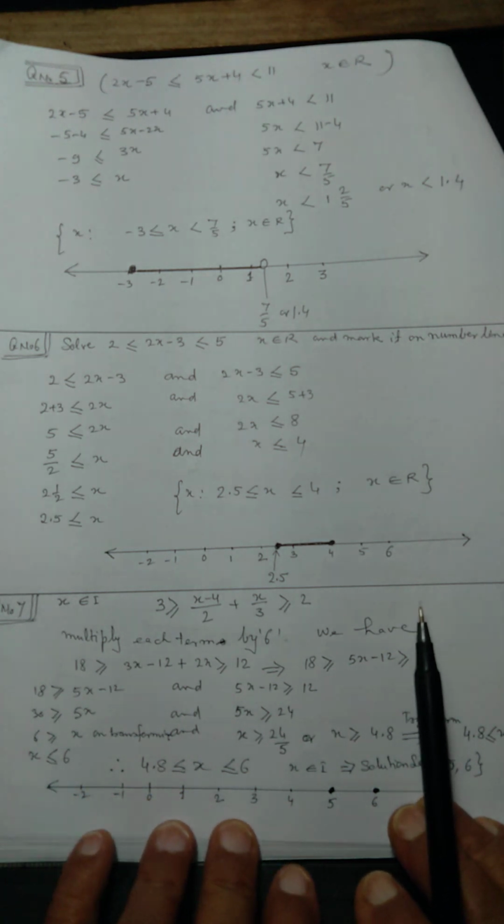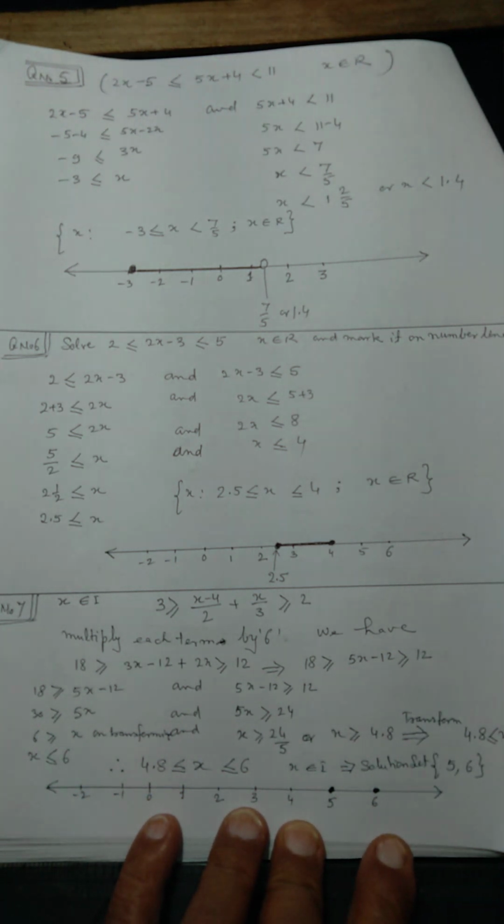Now come to question number 7. Question 7 states that given that x belongs to integer, solve the inequation and graph the solution on the number line, where 3 is greater than or equal to x minus 4 by 2 plus x by 3 greater than or equal to 2.